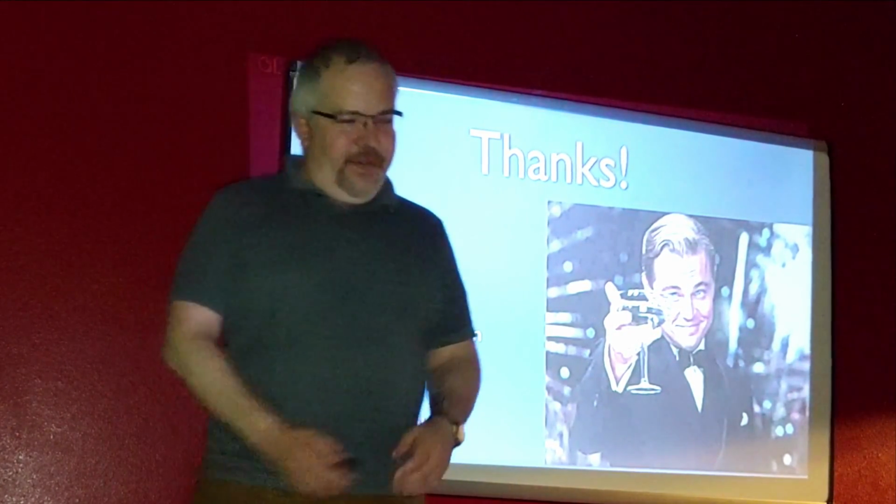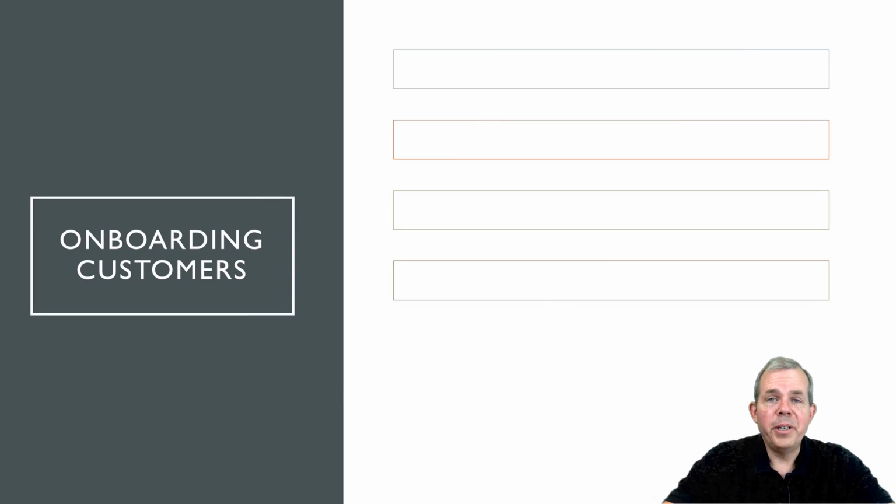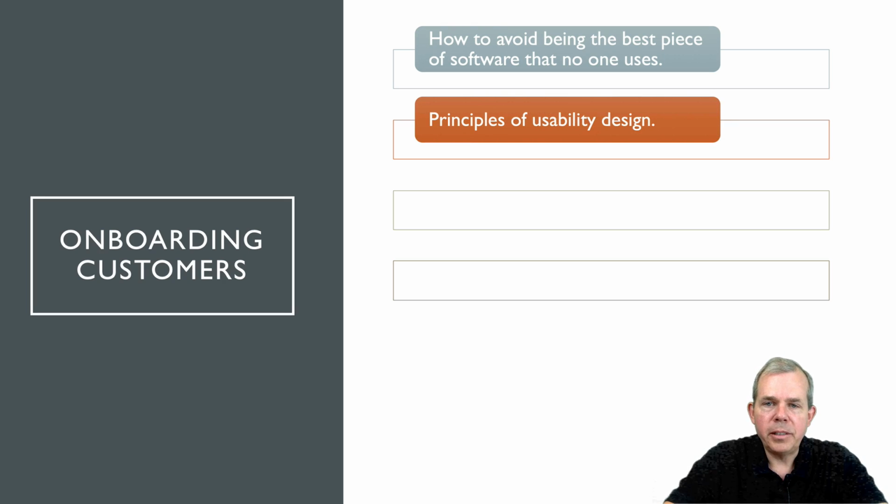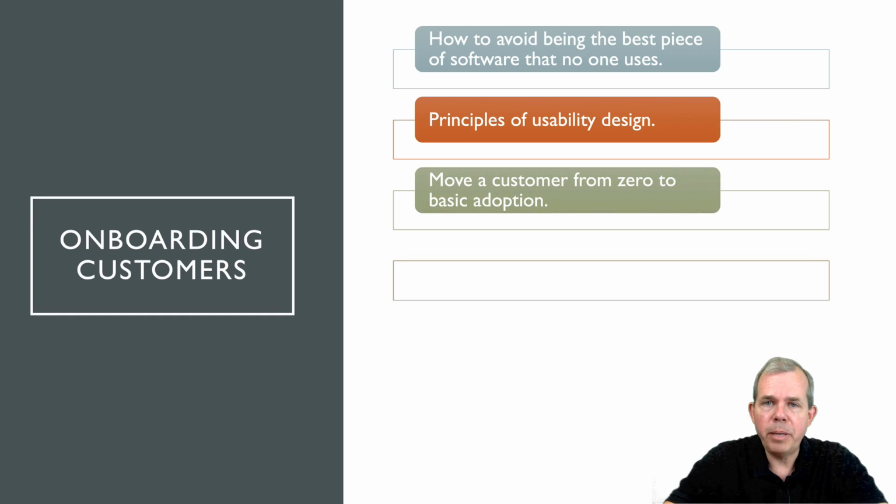Hey, if you've watched all the way to the end of this video, you're obviously a person that's passionate about developing good software for people. So let's summarize what we saw. We're trying to avoid being the best piece of software that nobody looks at. And so these are great principles we've seen to make the initial steps so obvious that people can't help but succeed. This is a big part of the principles of usability and how we design the first things that people see.